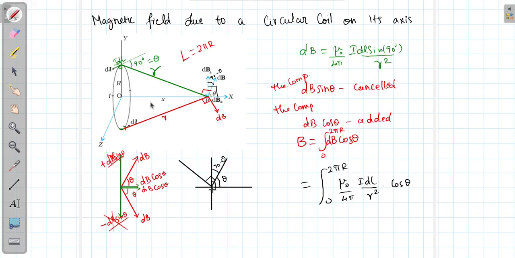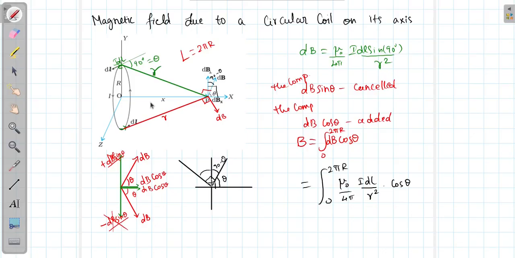And here it is 90, which means it is theta, right? This one is 90 minus theta.